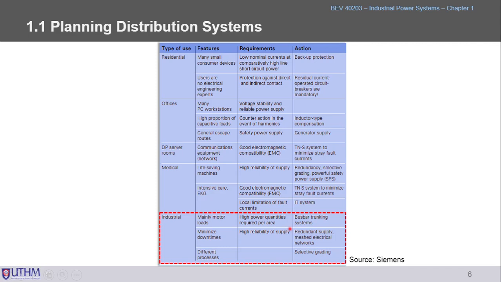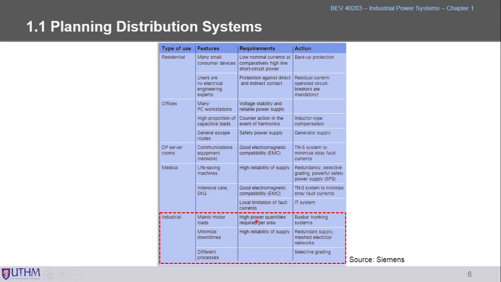That is the so-called high power quantity required. So compared to residential or commercial buildings, the industrial power system requires higher power quantity per area.